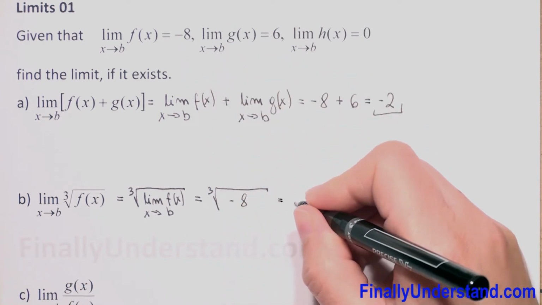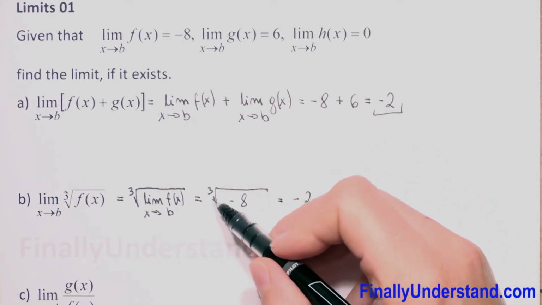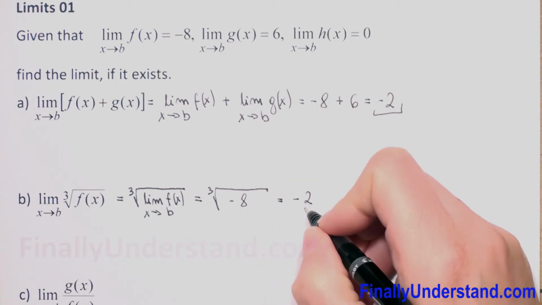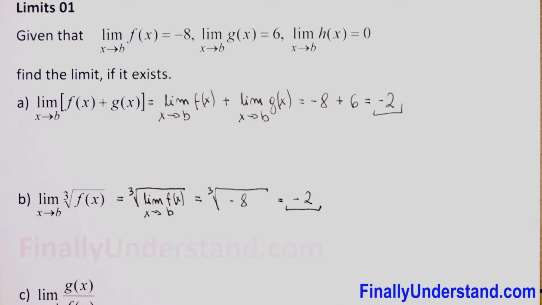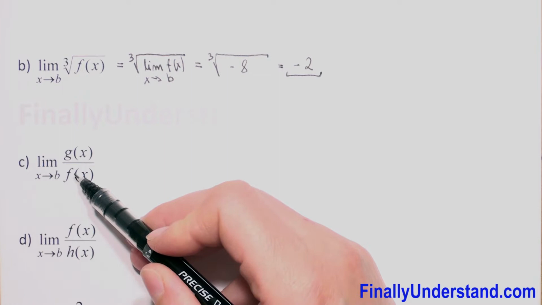So this is equal to negative 2, because the third root of negative 8 is negative 2. This is our solution. Now we have the limit of a quotient.